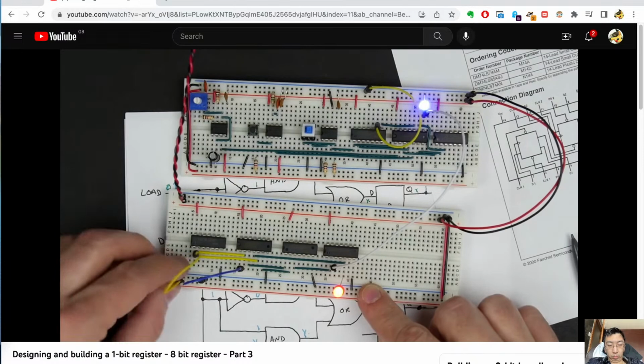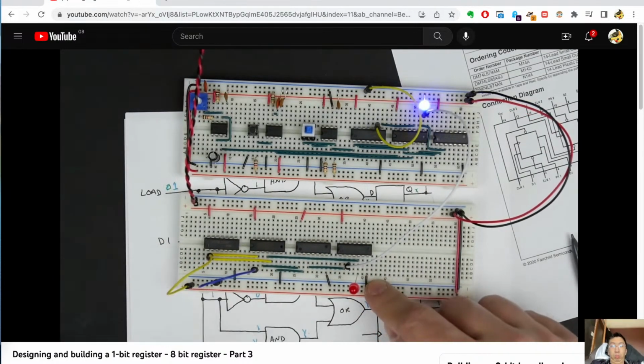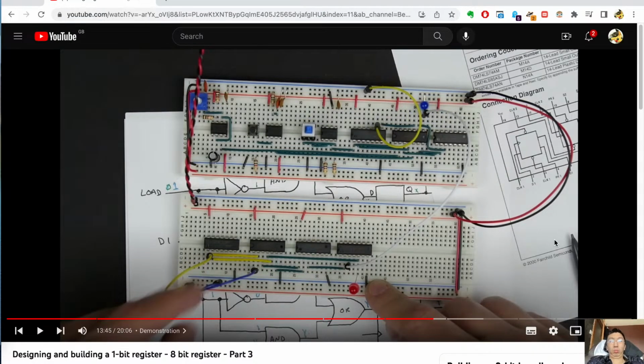And now, the bus is a 0. Again, if we enable, or if we load, I should say, this is our load input. If our load input goes high, you see it stores that 1 that's on the button.